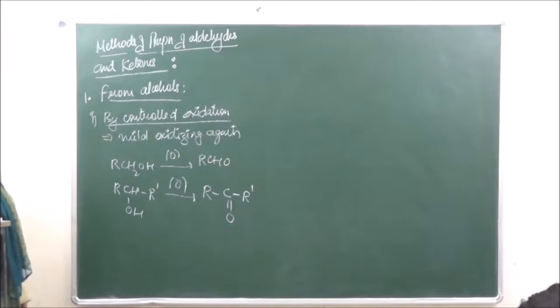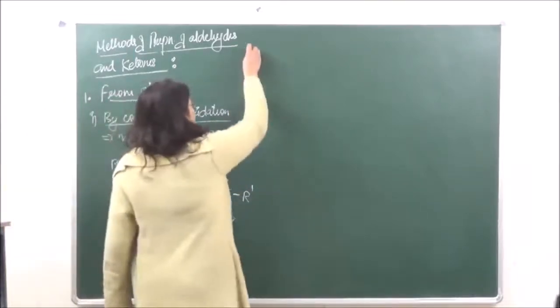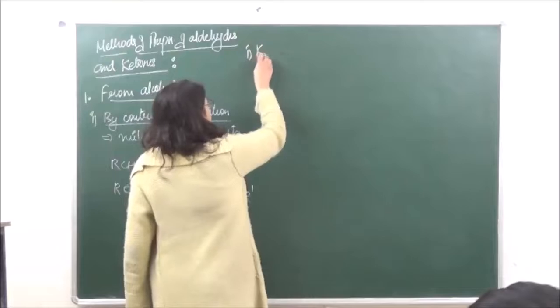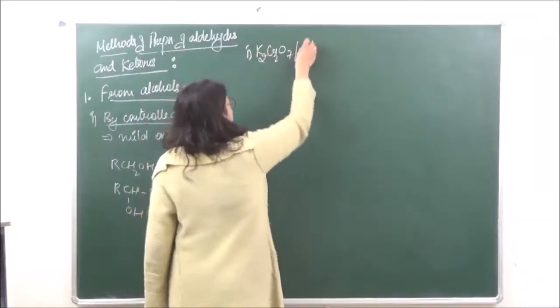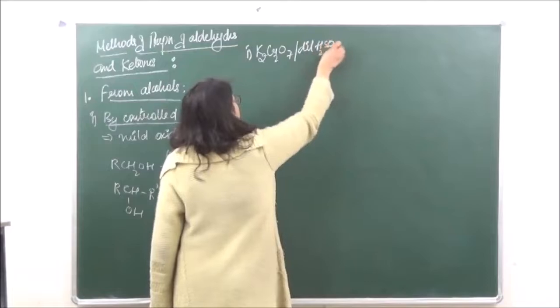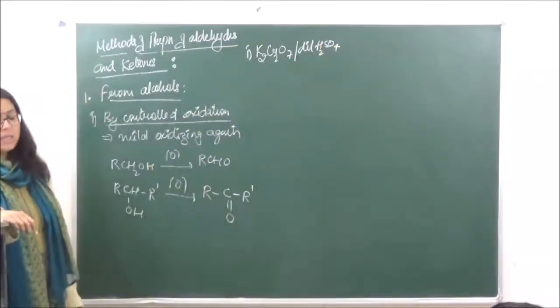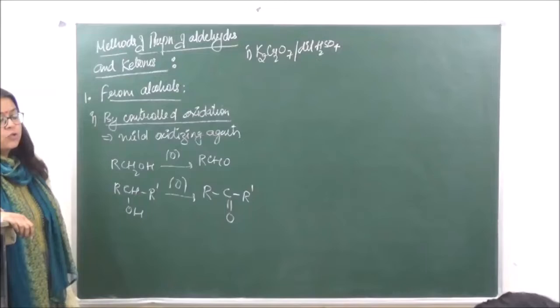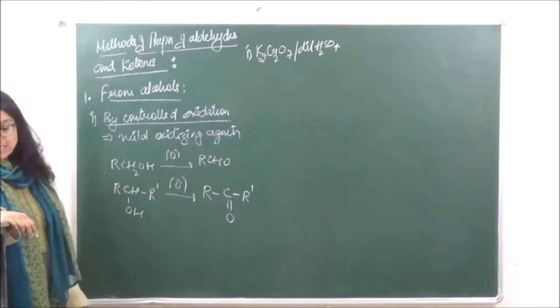The mild oxidizing agents we can use here: number one, K2Cr2O7 in dilute H2SO4. But you have to keep it cold, so the temperature has to be low for such a reaction in which we use potassium dichromate as the oxidizing agent.